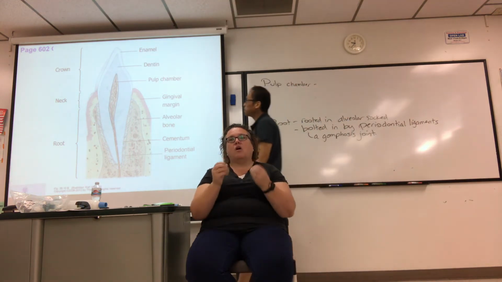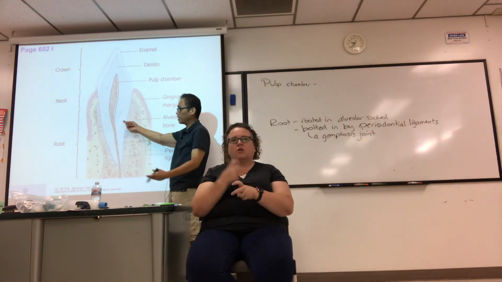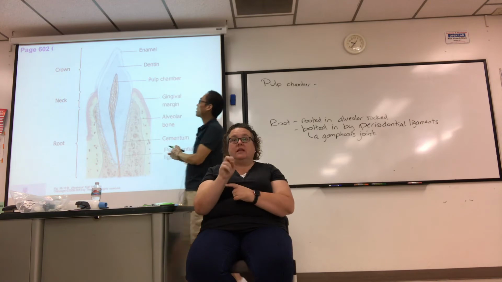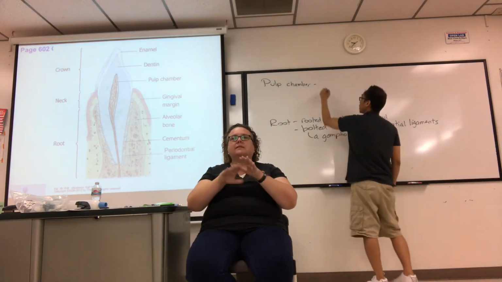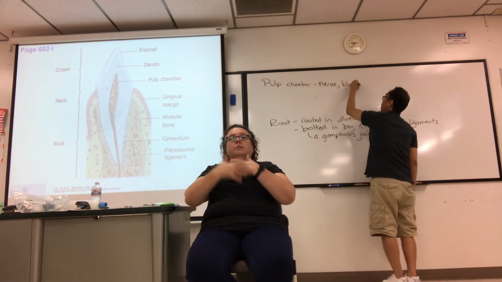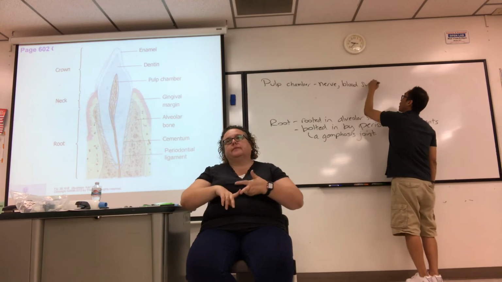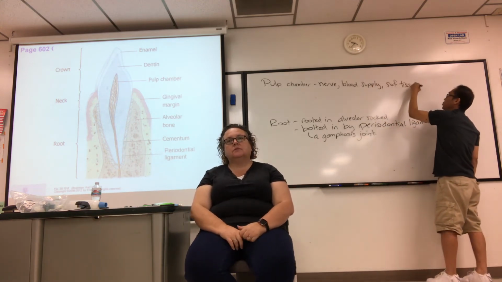It's actually the same tissue as the dentin, the hard tooth. It's how the dentin was derived from it, but it remains soft. Basically in there you've got the nerve, blood supply, soft tissue.